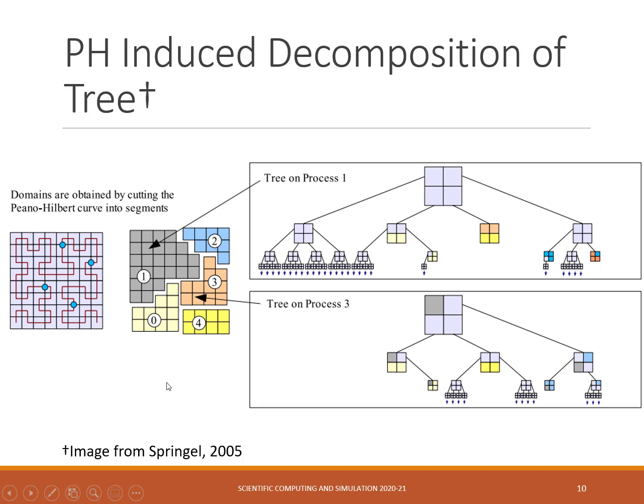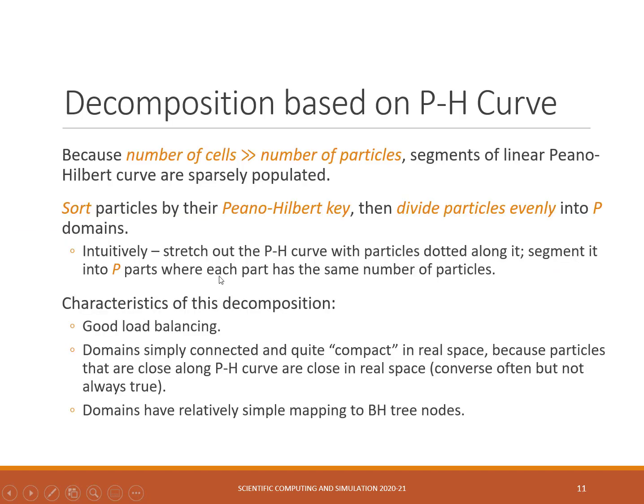Now, you might ask how we should divide the curve into segments with an approximately balanced workload. In a simulation problem, the number of cells is much greater than the number of particles in the universe. So, we have lots of sparse cells with none or few particles. To achieve load balance, we should evenly divide particles between processors so that the load stays balanced.